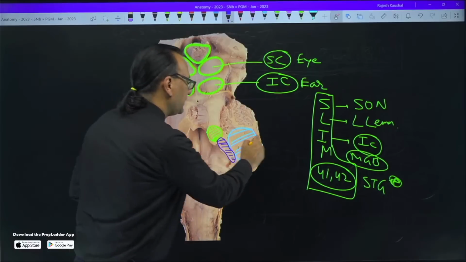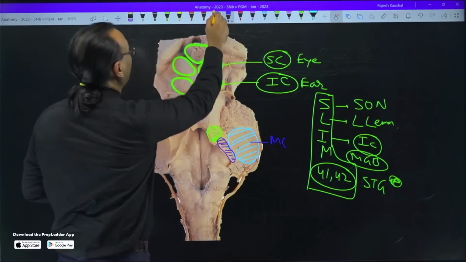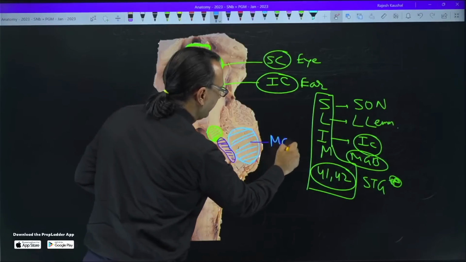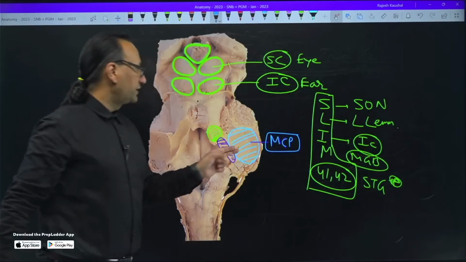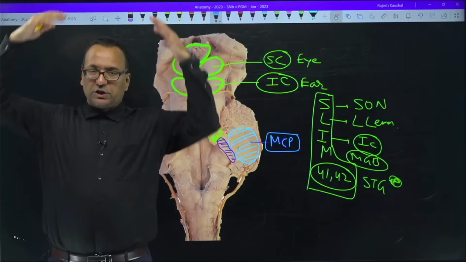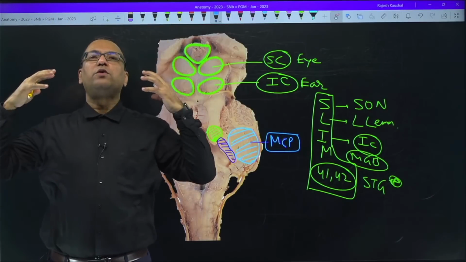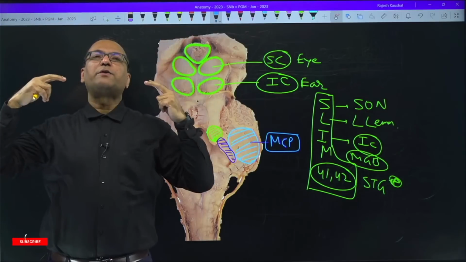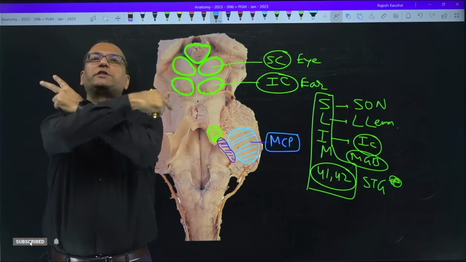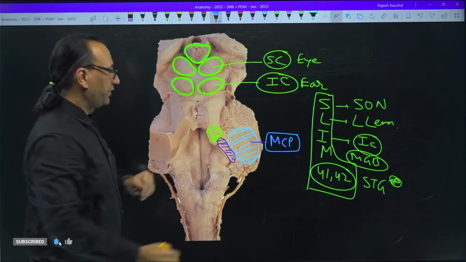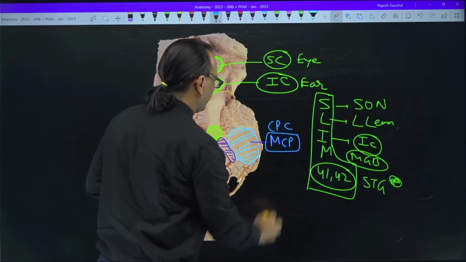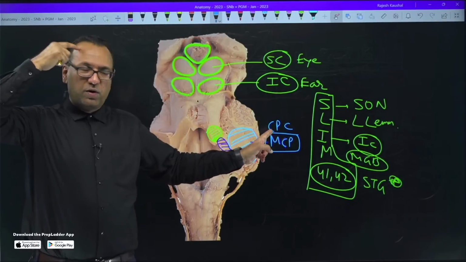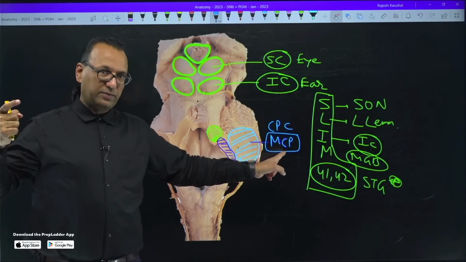If you are talking about the middle cerebellar peduncle, it is mostly incoming fibers, cerebro-ponto-cerebellar fibers. So from the cerebrum, the fibers will come to pons, and from the pons it will go to cerebellum, the CPC fibers. What is CPC fiber? Cerebro-ponto-cerebellar fibers.